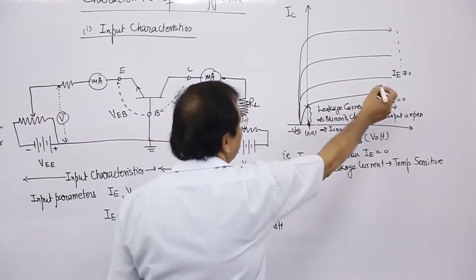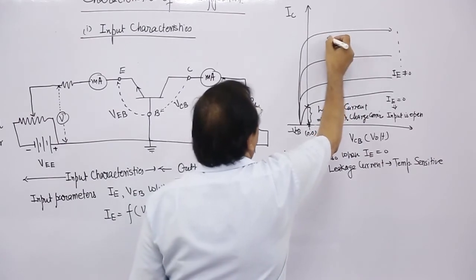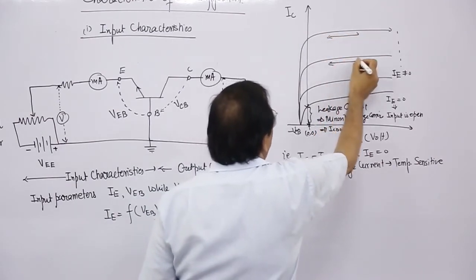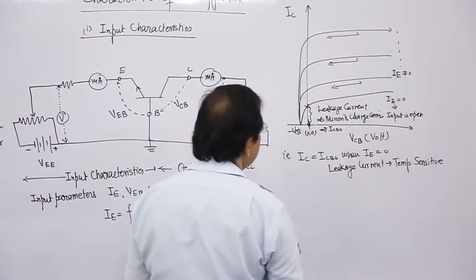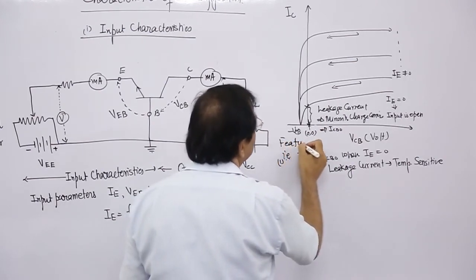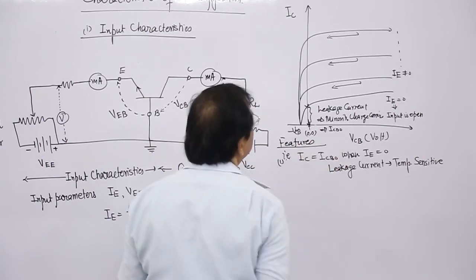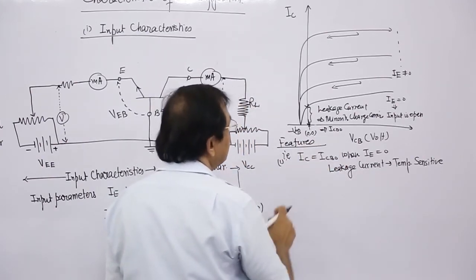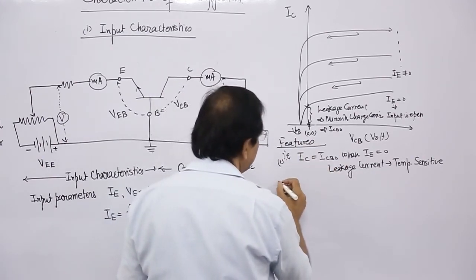And for the rest of the values, we find that this is constant. The first feature is leakage current.